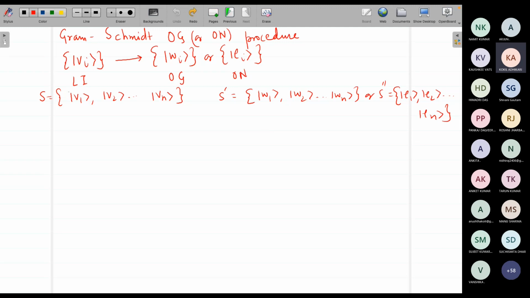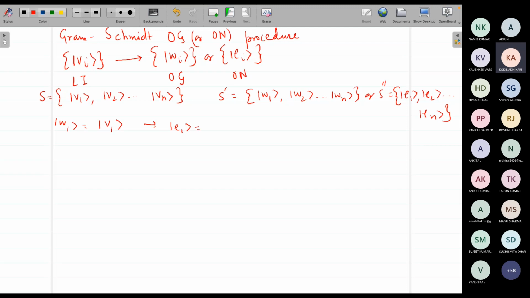We can start from any of the linearly independent vectors. For the sake of convenience, take v1 as the first vector, which will go in our orthogonal set. What will go in our orthonormal set correspondingly?